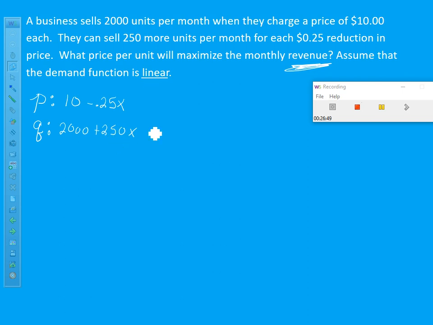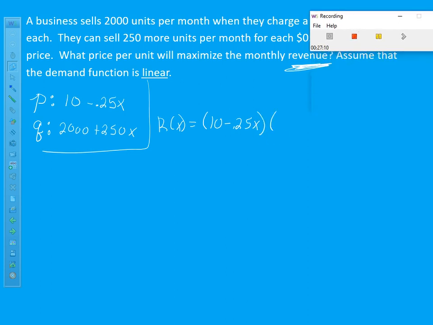Now, that means my revenue is going to be my price, 10 minus 0.25x, times the quantity. And the quantity is 2,000 plus 250x. Let's simplify this by FOILing it out.